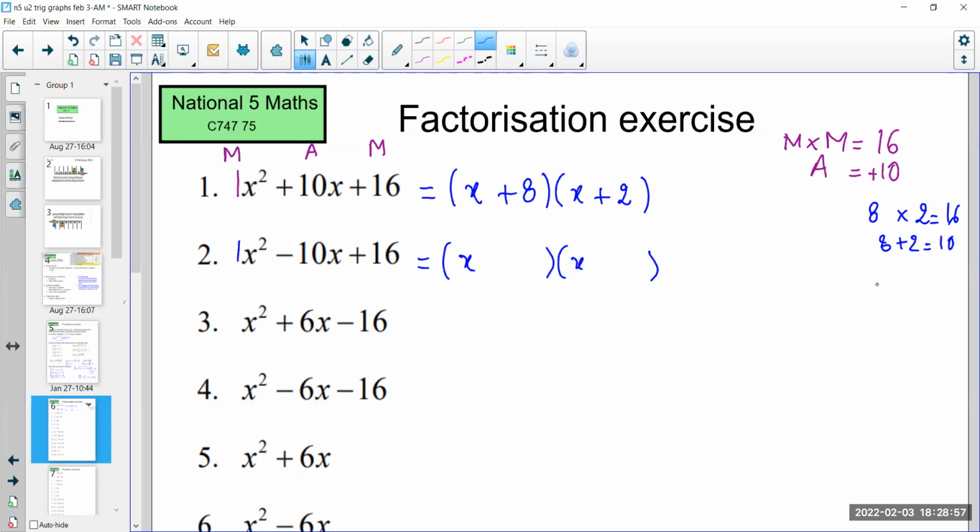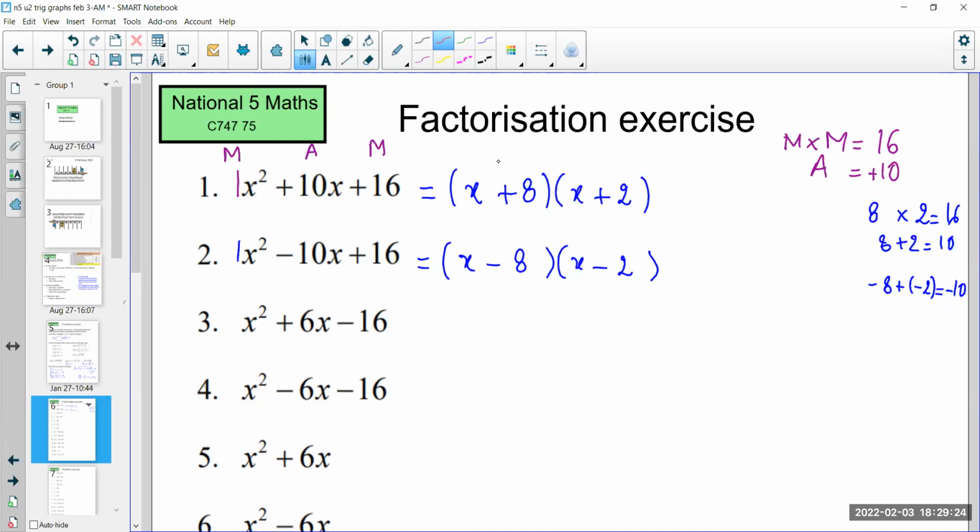This time, because I need negative 10, I can use again 8 and 2, but I need to do negative 8 plus negative 2, which gives me negative 10. So my two numbers are going to be negatives. And you can just say x minus 8 times x minus 2.